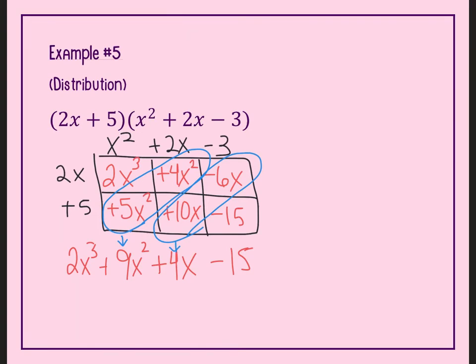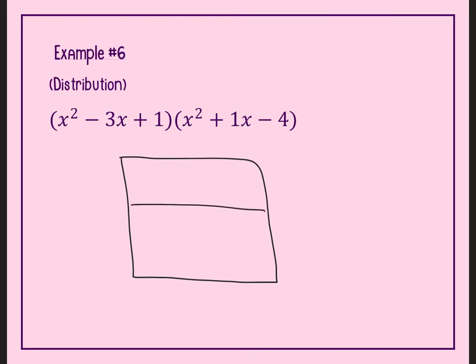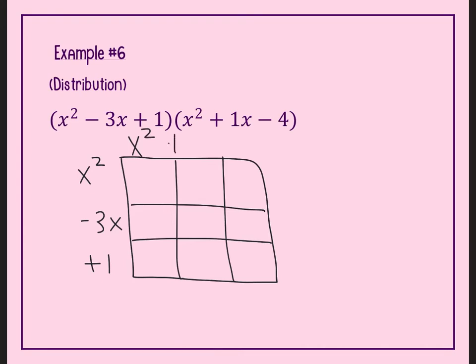Okay, let's do one practice question. Oof, 3 terms times 3 terms. A little bit bigger box. We have x squared minus 3x plus 1, and then we have x squared plus 1x minus 4.